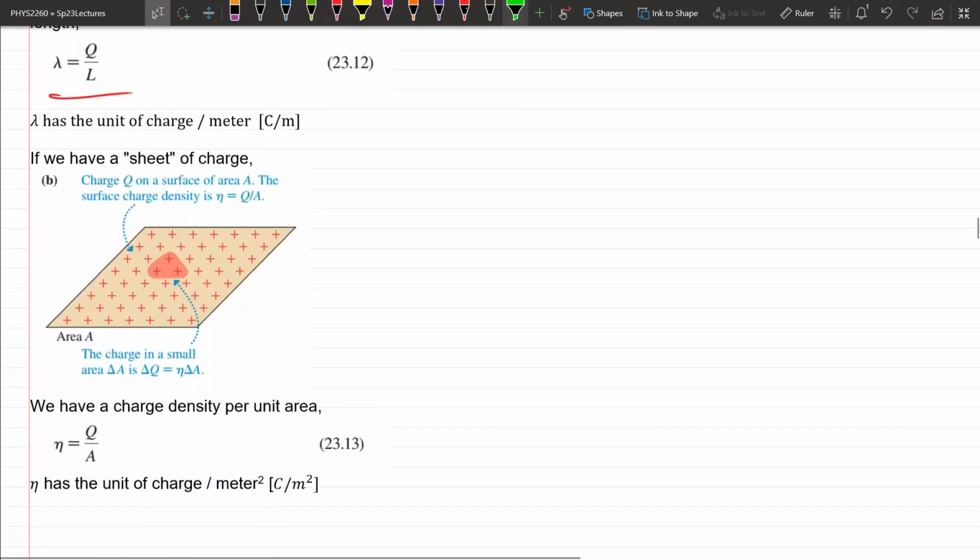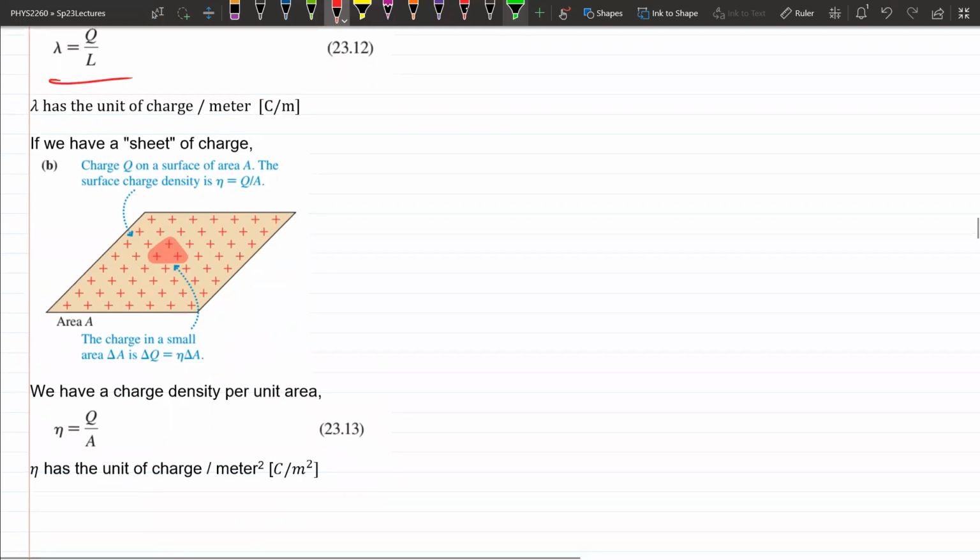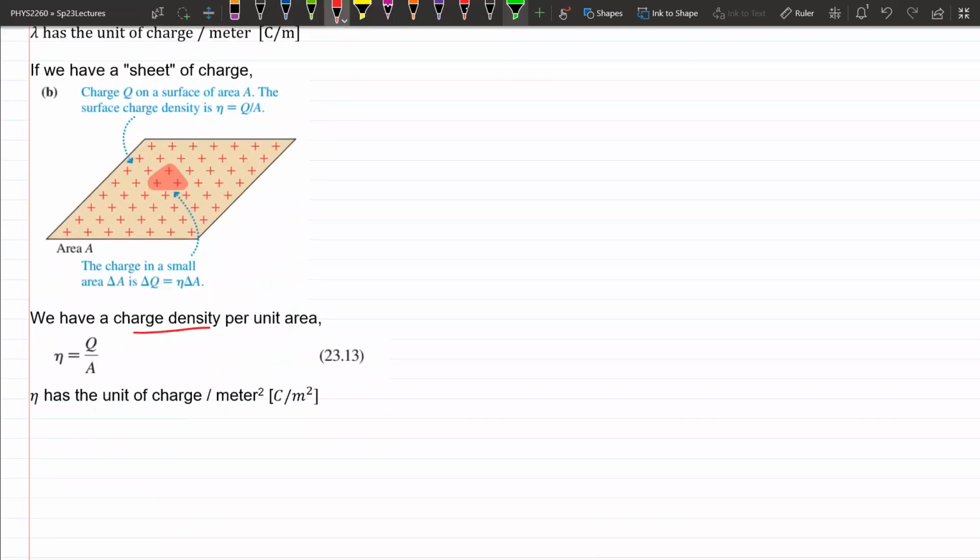On a sheet, this is the way the book covers it. Instead of getting charge per length, you're interested in charge per area. So let's say this table has like 10 coulombs of charge. How much charge is there per little area on this little table? In this case, we're going to have a charge density per area.